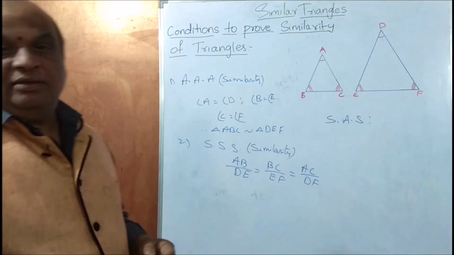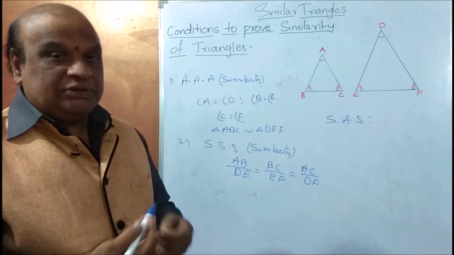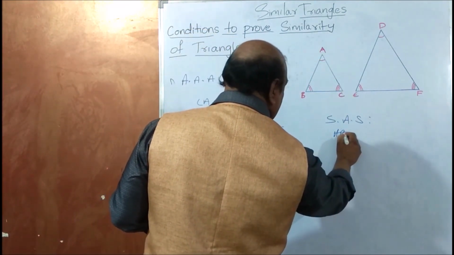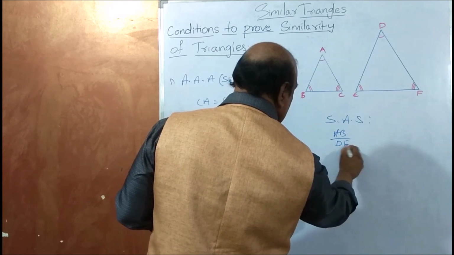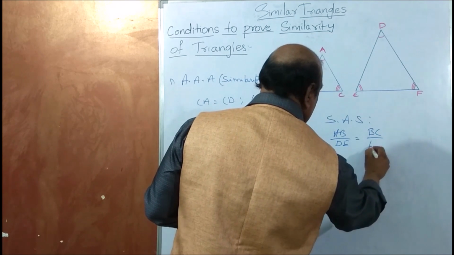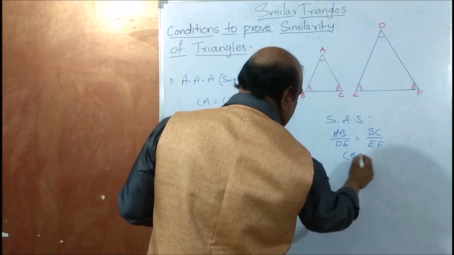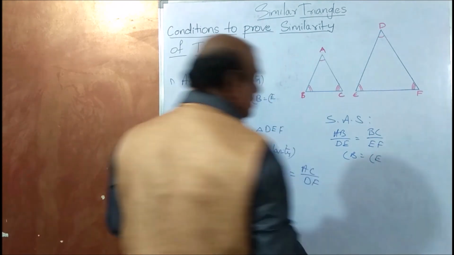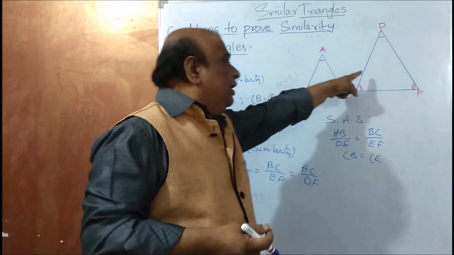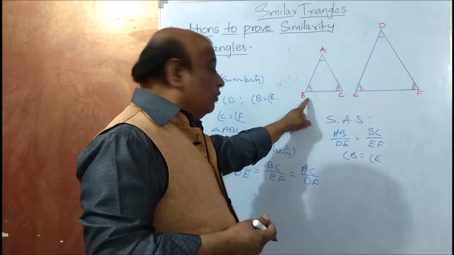SAS similarity. This is the third option. Suppose AB by DE is equal to BC by EF, and angle B is equal to angle E. Here students, suppose you are taking AB by DE and BC by EF, then you should take the angle B only.